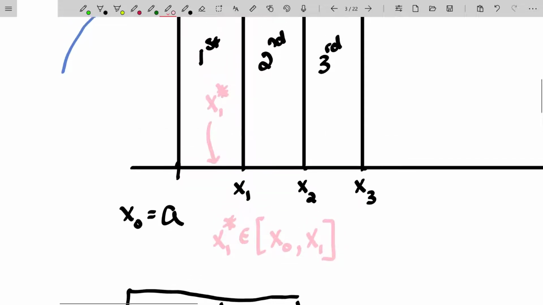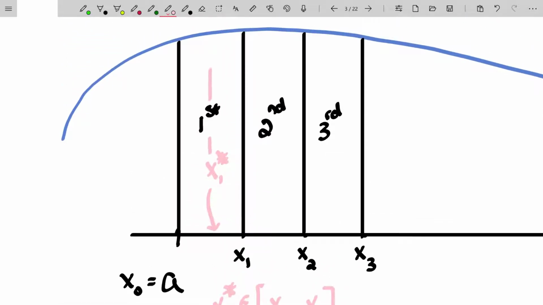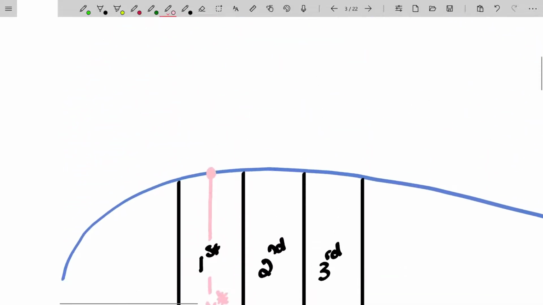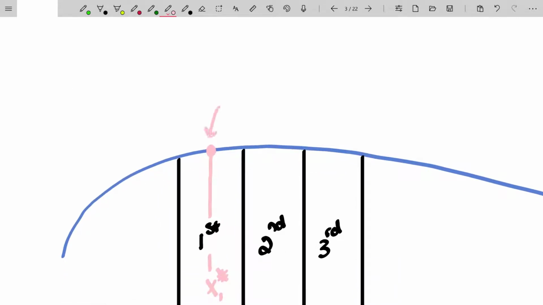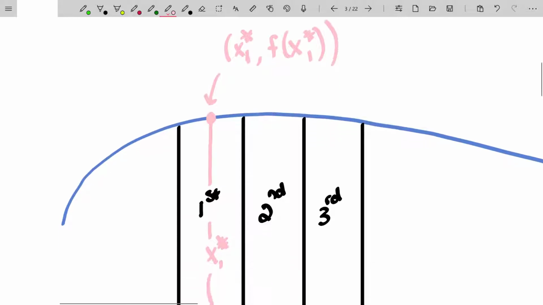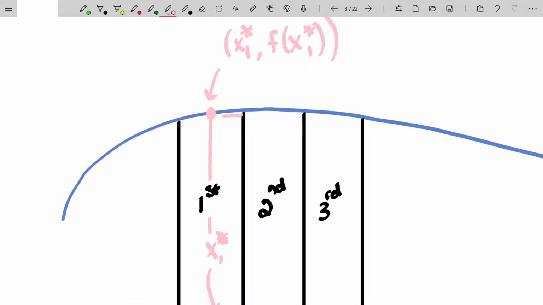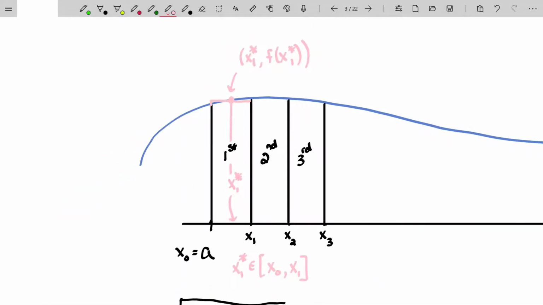And what we're going to do is evaluate the function at X sub 1 star. So that point is X sub 1 star, f of X sub 1 star. That's supposed to be an X there, sorry about that. So that's the point, which means the height, if I put a cap on top of this to make a rectangle, the height of that rectangle would be f of X sub 1 star.